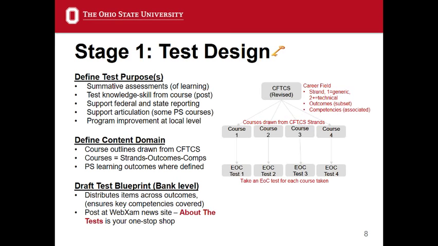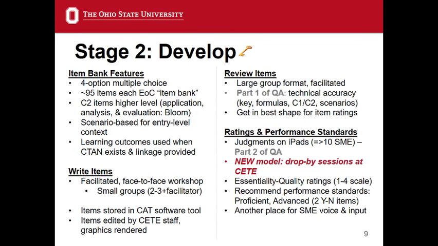We get course outlines from ODE. We construct an end of course test for each of the course outlines, and we field test that. We develop the item banks. 4-option multiple choice is a very standard format for us.